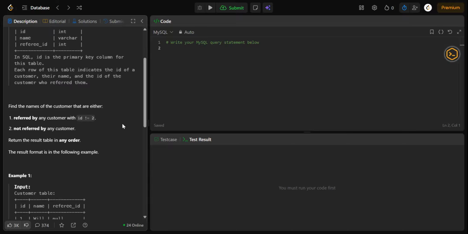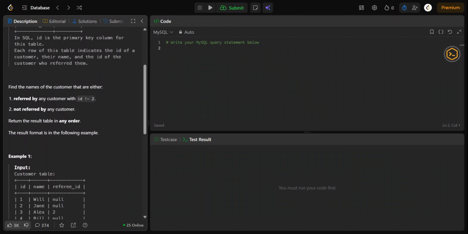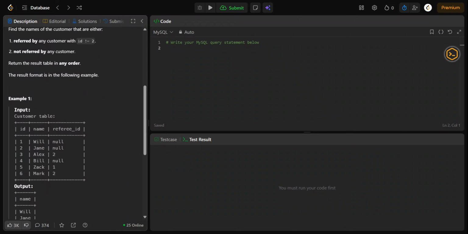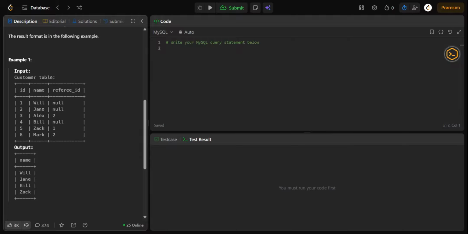So let's start with the problem statement. The question gives us one table called the customer table, with an ID column, a name column, and a referee ID column.